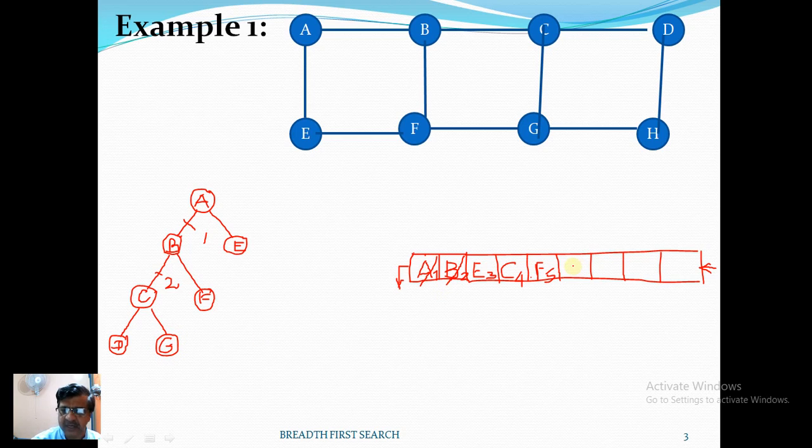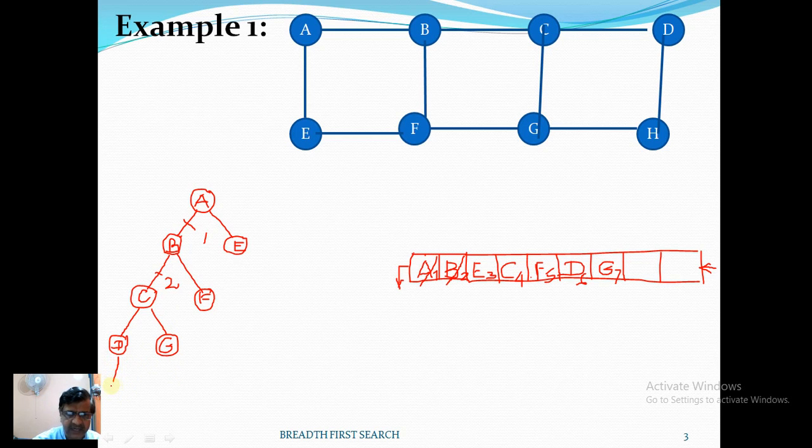So D is the 6th vertex to be enqueued, and G is the 7th vertex to be enqueued. Then at C, all the directly connected vertices are exhausted. Therefore, the algorithm jumps to D.